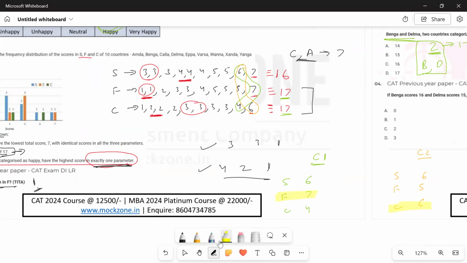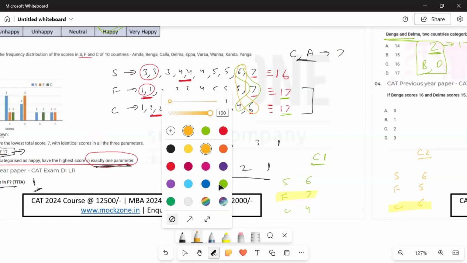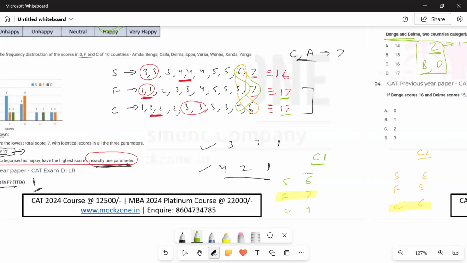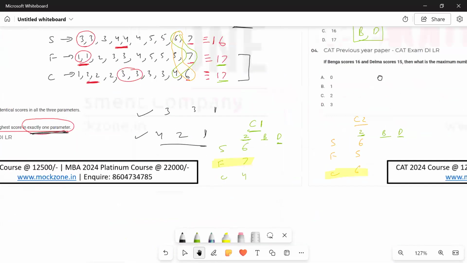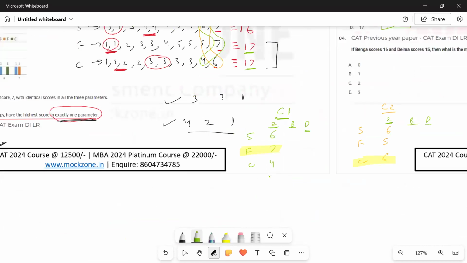C. So for the other two countries, let's talk about case number 1 first. This is the score of Z. Now we have to find the score of B and D, which is the same, and maximize it. We have been asked what can be the maximum score B and D can have. So in case number 1, the score of Z is 17, and in case 2 also the score of Z is 17.